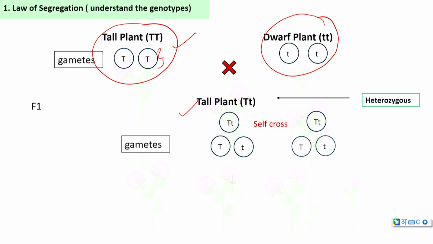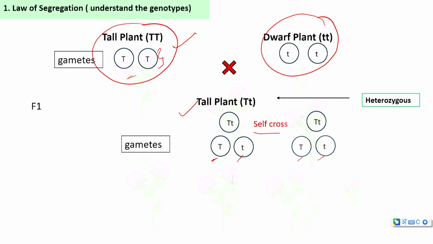Heterozygous means it has one trait of one type and another of another type in a character. Under a character, the two alleles of the same gene are different. One is capital T, which brings tallness, and the other is small t, which brings dwarfness. So, when you cross this plant by selfing, meaning same genotype with same genotype, what kind of gametes will it make? Here both gametes are the same type, but in the heterozygous plant one gamete will be capital T and the other will be small t.